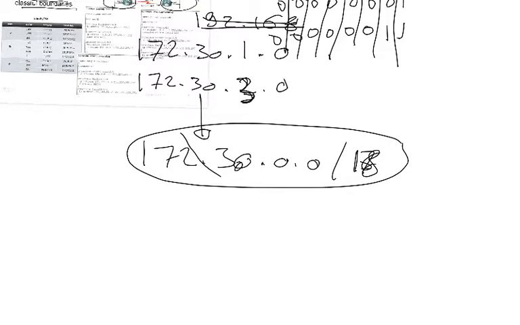However, when it comes to auto-summarization, there's no support for non-classful boundaries. So auto-summarization by default works at the classful boundaries. OSPF tries to resolve that by supporting summarization at different boundaries, not restricted to the classful boundaries.